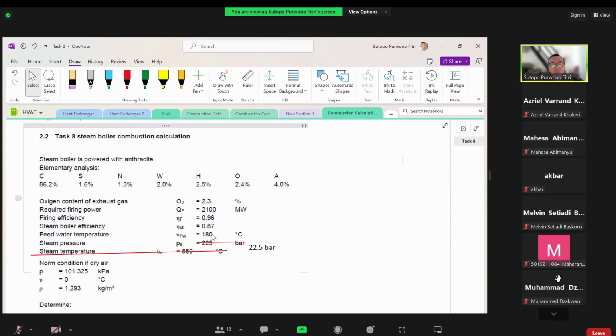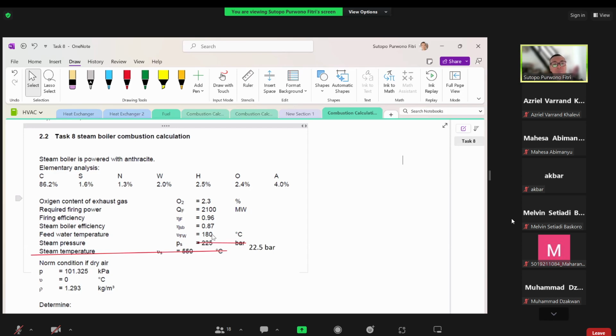So the boiler efficiency is mostly in the context of the output of the steam rate compared to the input energy from the fuel combustion process. But the firing efficiency talks about the process itself, between the mixing of fuel and air, and the type of firing methods.